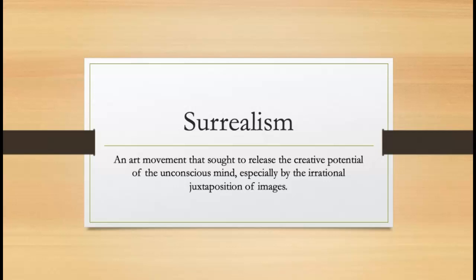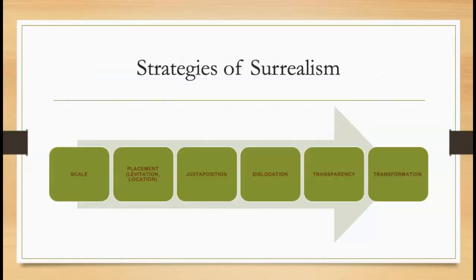So there's a bunch of strategies that they used. They would mess around with scale. They would do kind of unconventional placement, like floating or putting objects in locations where they don't really belong. They would frequently use juxtaposition, which means that they were pairing dissimilar objects together, or even combining the two of them to make them into something super weird.